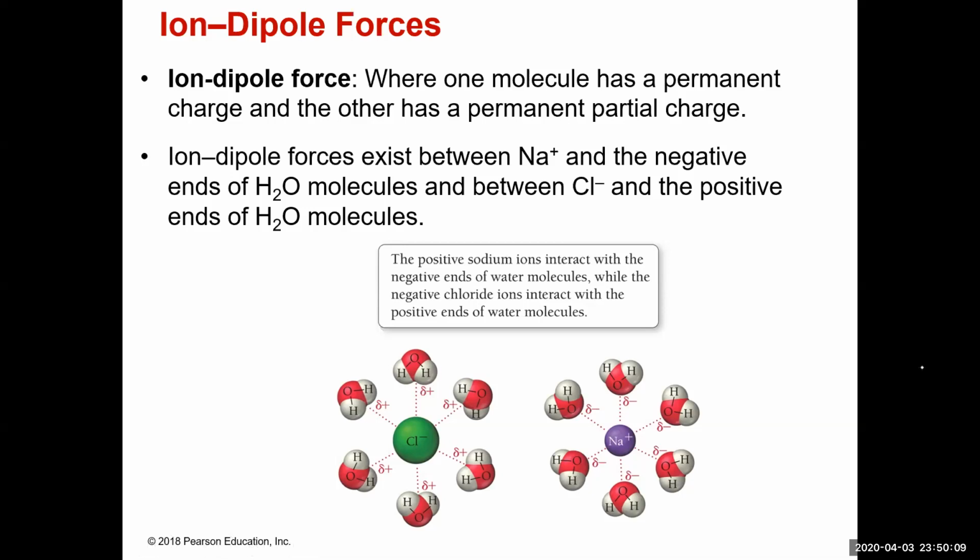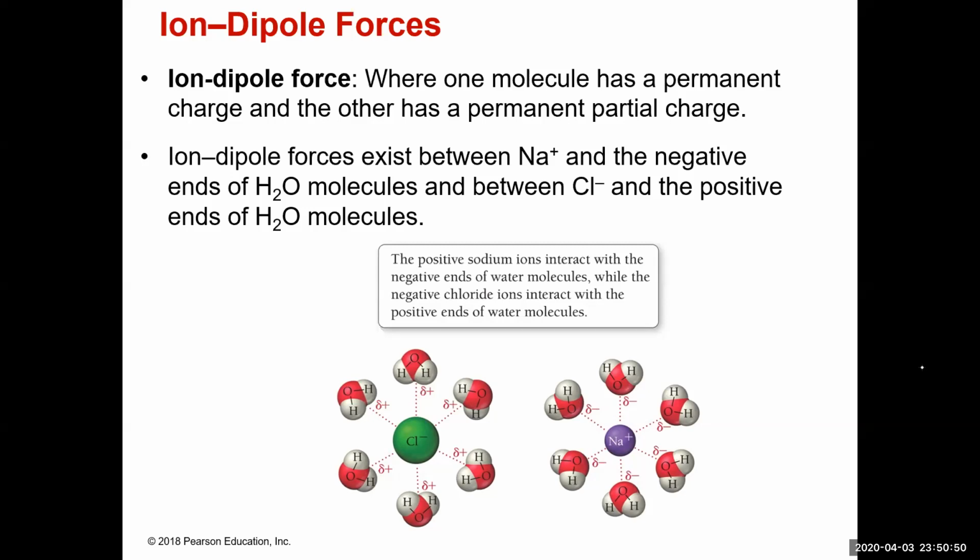Now we've discussed all of our intermolecular forces, but there is another even stronger force. An ion-dipole force is where one compound, one ionic compound, or one ion will have a permanent charge, and the molecule will have a permanent partial charge. We know that ions form from direct electron transfers.